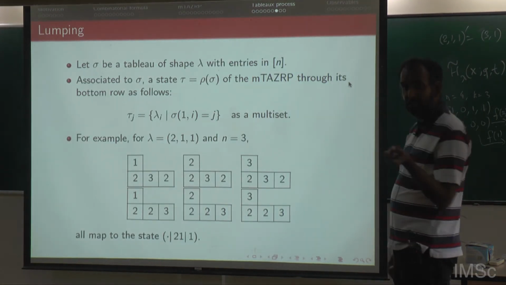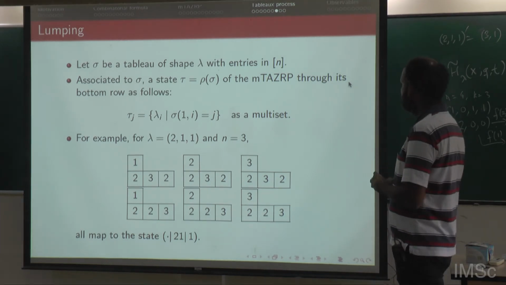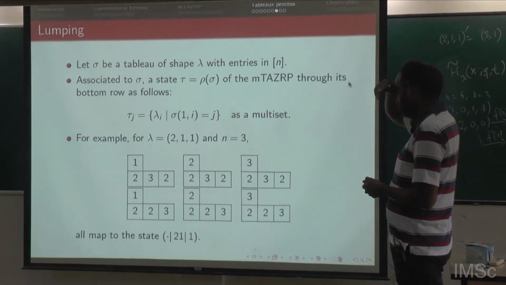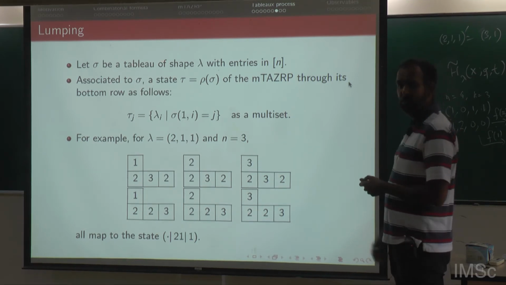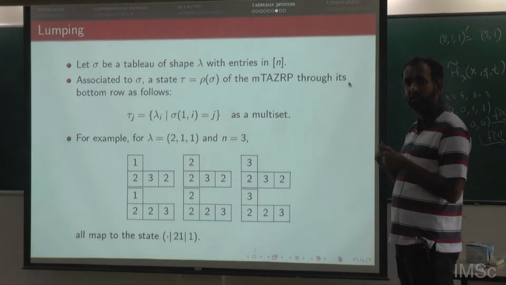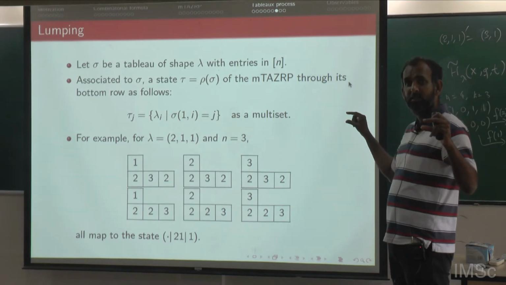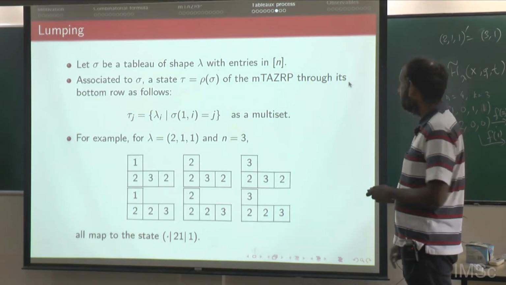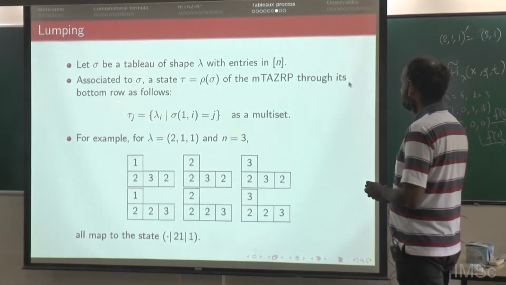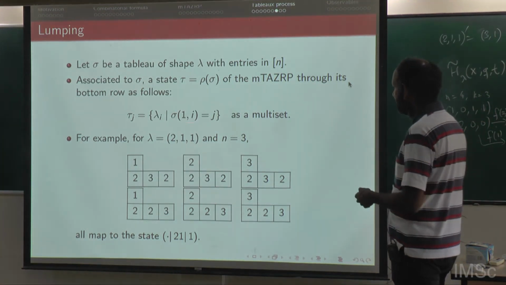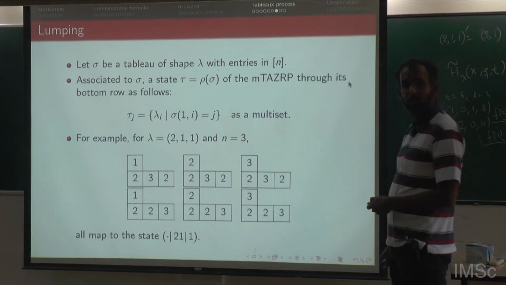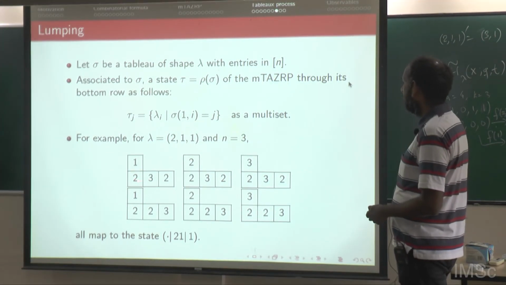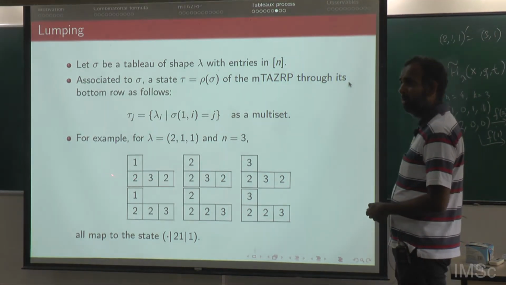Okay, so now let me answer Amri's question, and how do I describe the lumping? I'm going to associate to every tableau a configuration of the multi-species TAZRP, remember? So rather than reading this, let me just show you what you do. You look at the bottom row, and look at all the numbers in the bottom row.